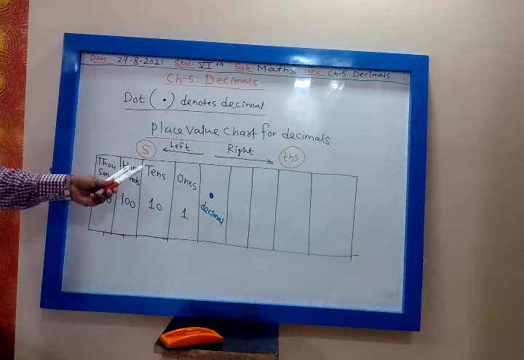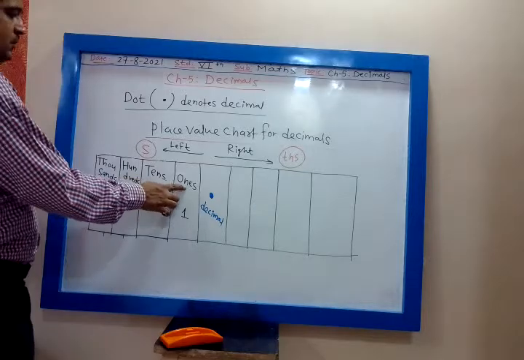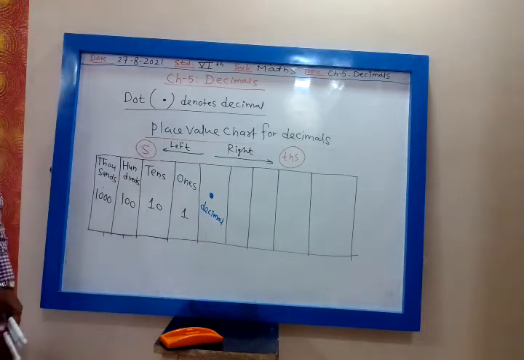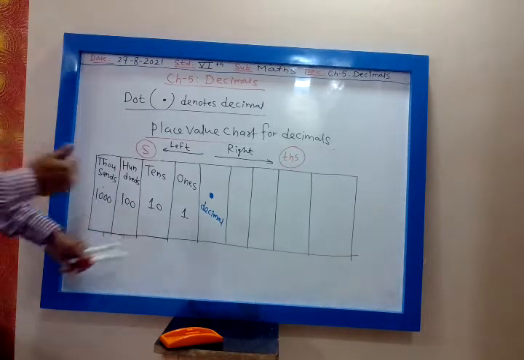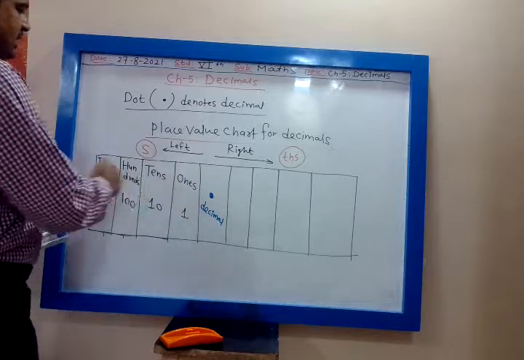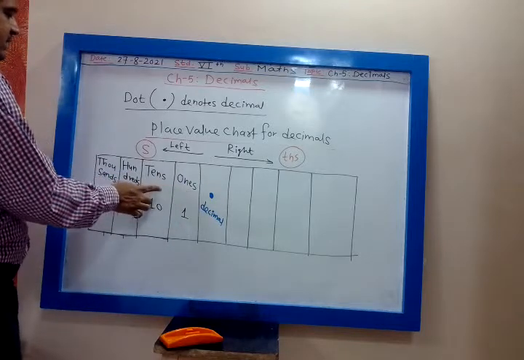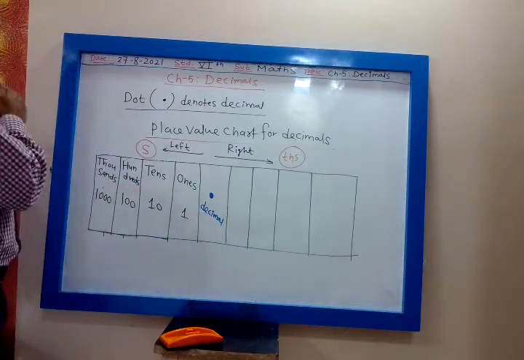After the point, from decimal to the left, we have place values ones, tens, hundreds, thousands, and so on.